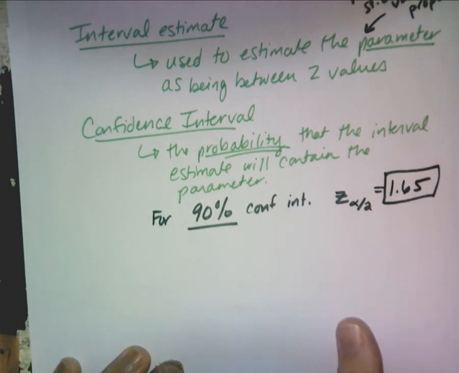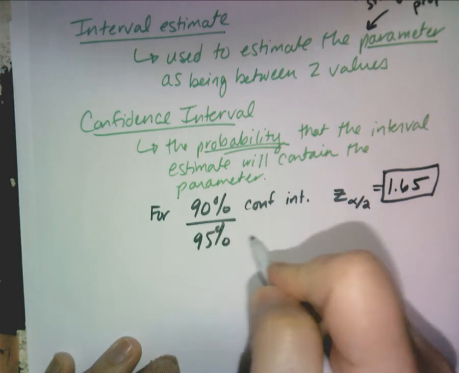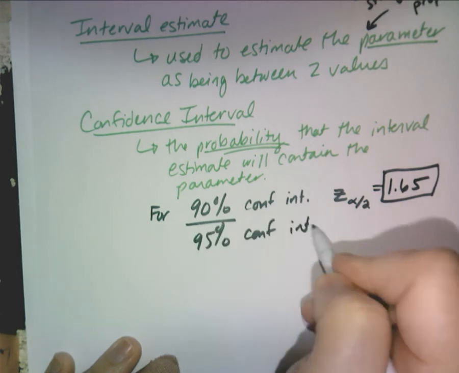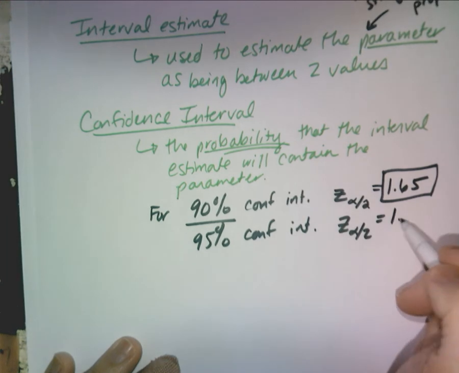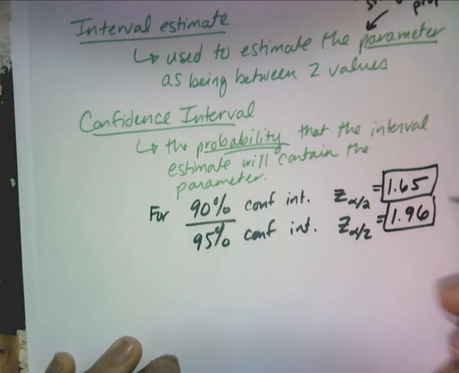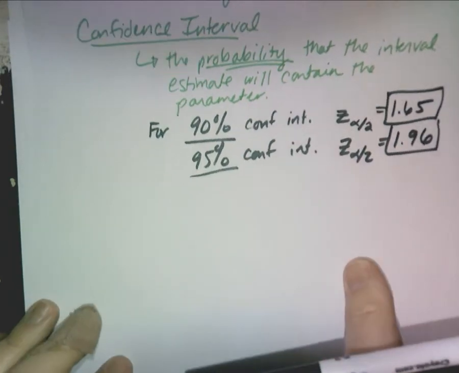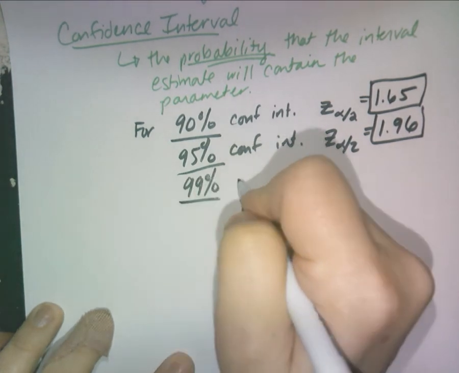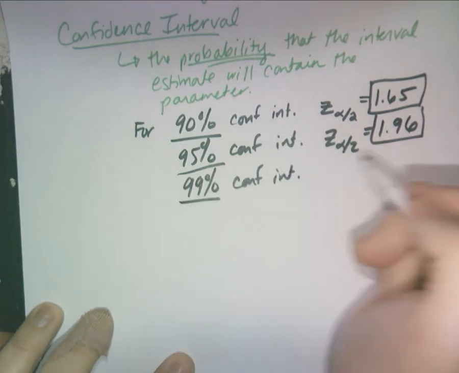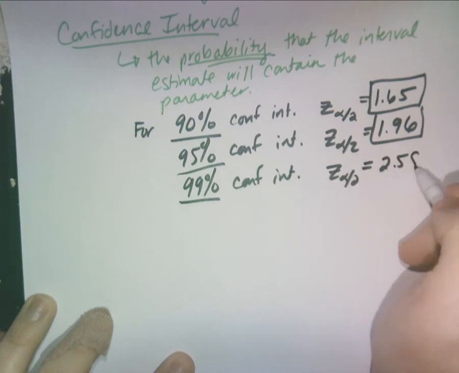That's your magic Z. For a 95% confidence interval, your z alpha over 2 is 1.96. That's the magic number for 95%. If you want to be 99% confident, your z alpha over 2 is equal to 2.58.